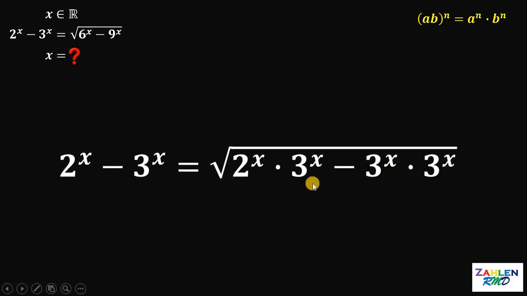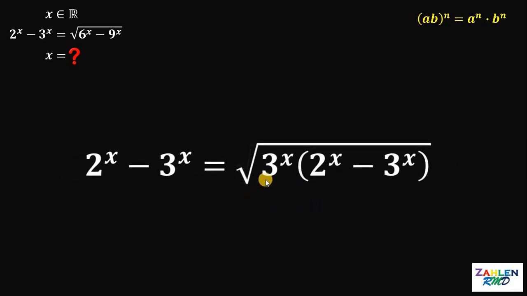Now notice that we have a common term of 3 raised to x, so we can factor out 3 raised to x. Thus, we have 3 raised to x multiplied by 2 raised to x minus 3 raised to x. Now, to make it simple, let p equal 2 raised to x minus 3 raised to x.